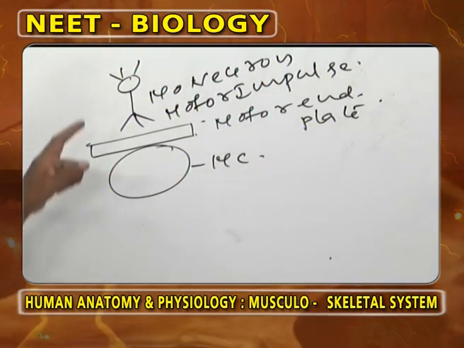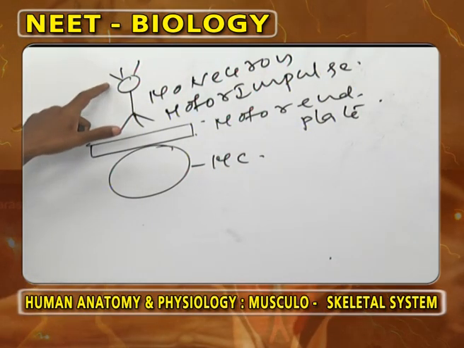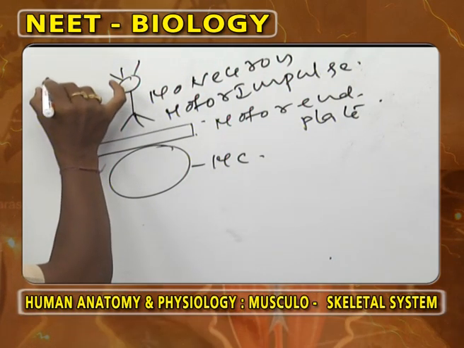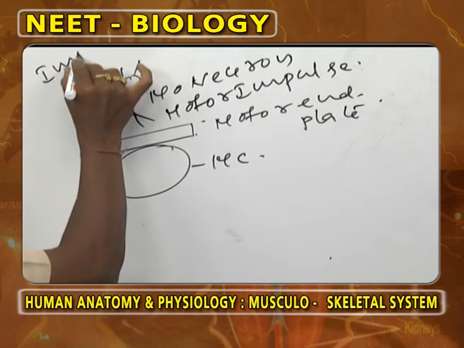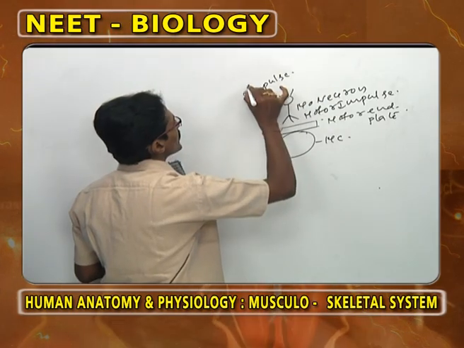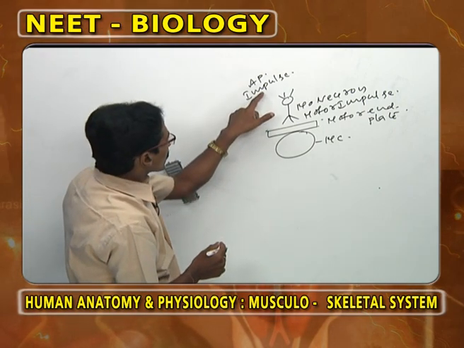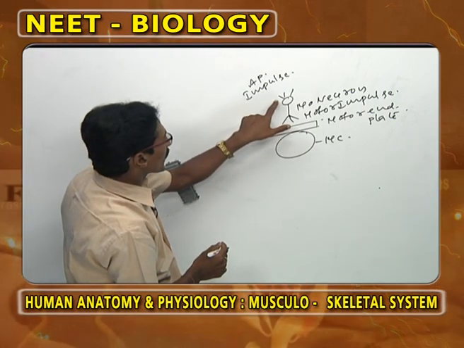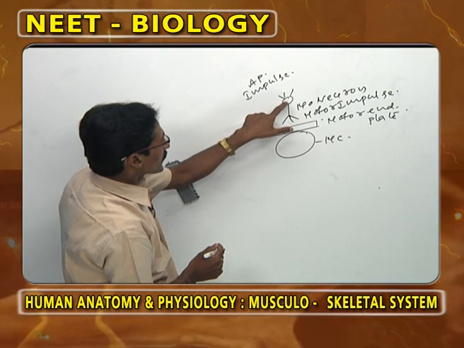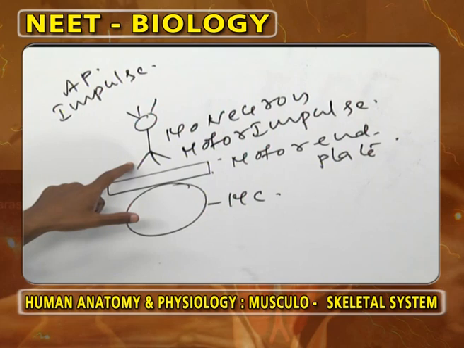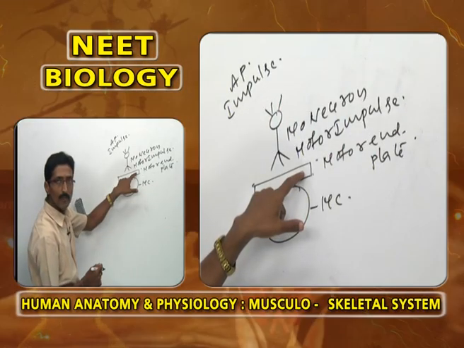Now, as we observe the motor neuron, these are dendrons. The dendrons receive impulse. Here the impulse is named as action potential. Now, the impulse received by dendrons then goes to cyton, axon, telodendrons, motor end plate.